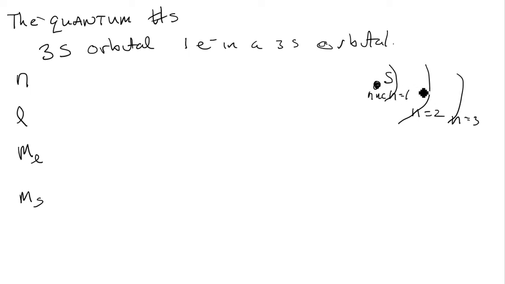And then every time we go out a shell, we add a type of orbital. So in n is equal to 2, there's always going to be that s we've already added, and now there's a p added to that. And then as we go out, s and p, but now we add d to that. And as we continue out, n is equal to 4 has f's, and so on.